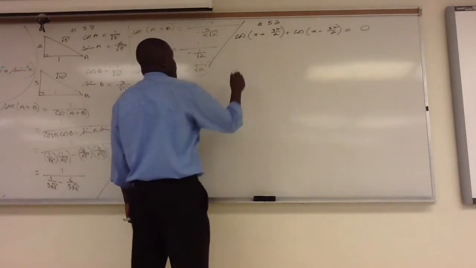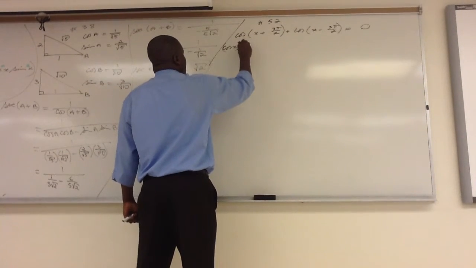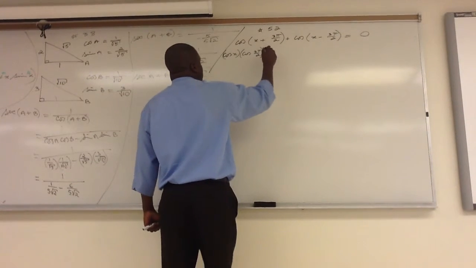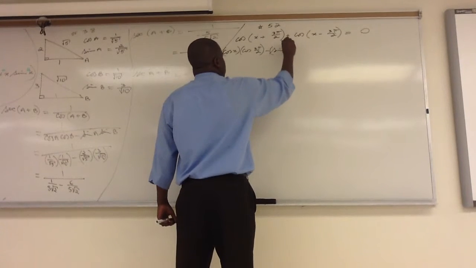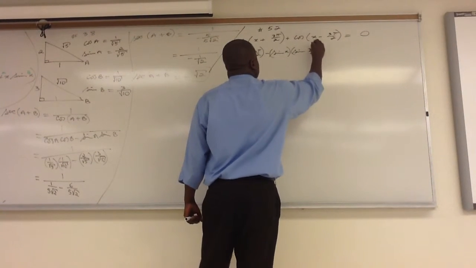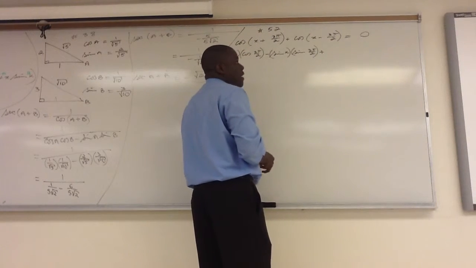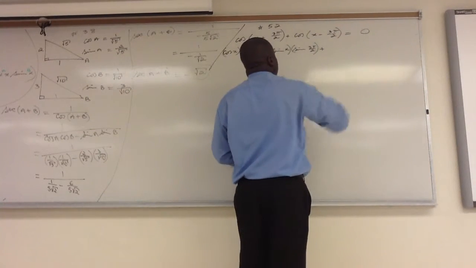First, formula number 13. This is cosine of x, cosine of 3 pi over 2, minus sine of x and sine of 3 pi over 2, plus, now we'll apply formula number 14 because we're dealing with cosine of a minus b.